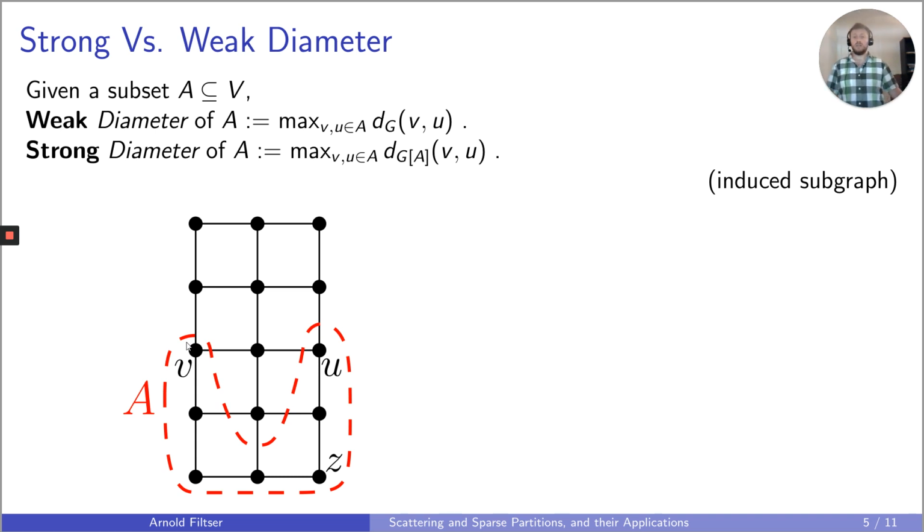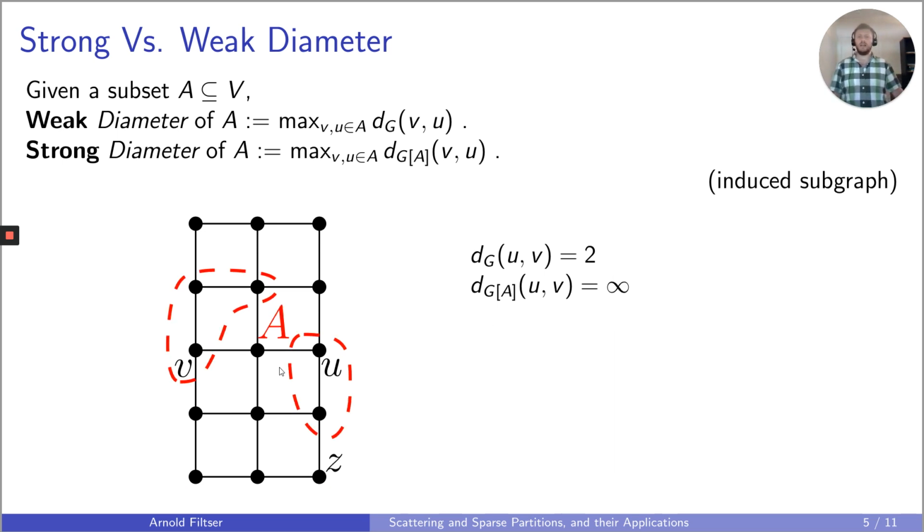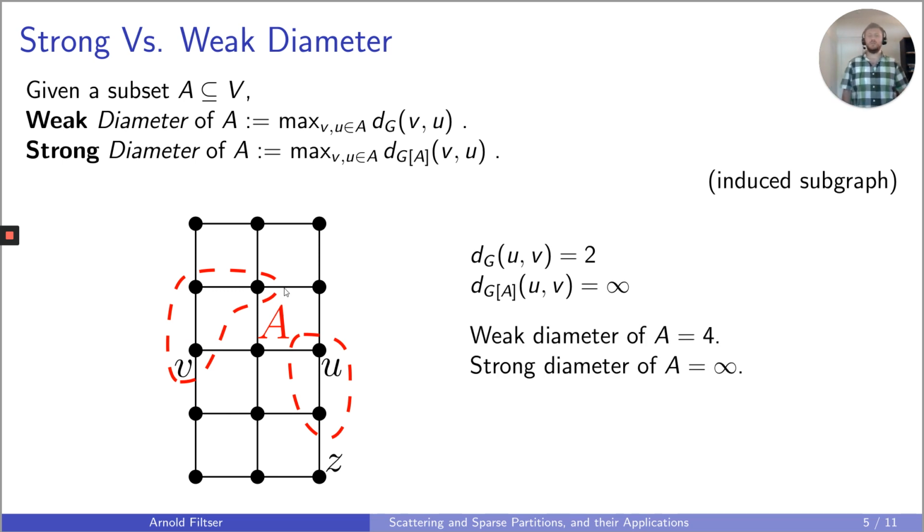In the original graph, the distance between V and U is 2. In the induced subgraph, this is 6. Accordingly, the weak diameter of A is 4, and the strong diameter is 6. So they might differ, and actually they might differ by a lot. In this example, A is disconnected, so the weak diameter is some bounded number, while the strong diameter is infinity. Okay, so this is weak and strong diameter.